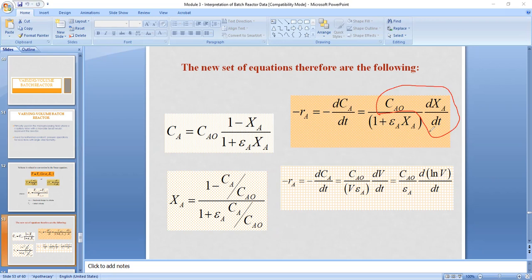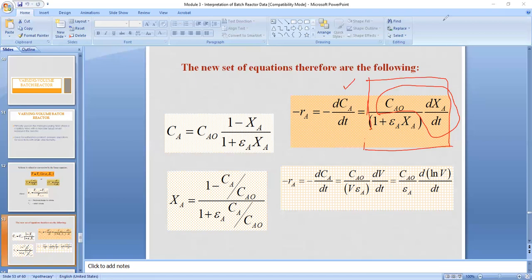Now, if you have varying volume, just like what you did here for the concentration of A, you need to place in the denominator the quantity 1 plus epsilon A XA. The left side of your rate equation should be replaced by this entire expression, not CA0 dXA/dt only.